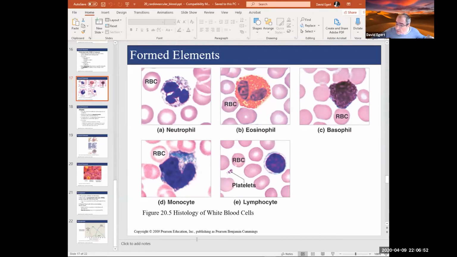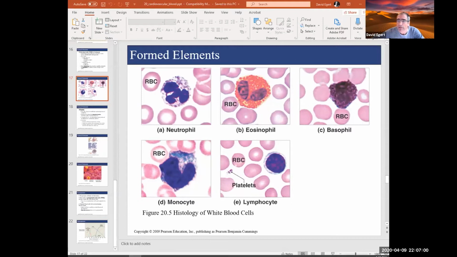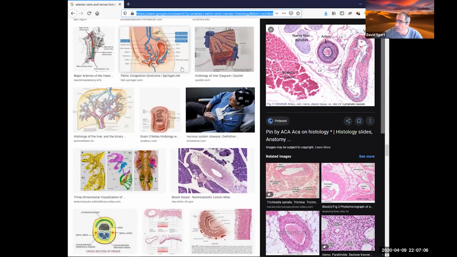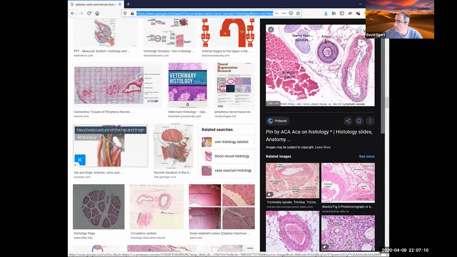Normally, on a test, I could imagine having a picture like this. I wonder if I can do this. Here, I'm going to go into Google.